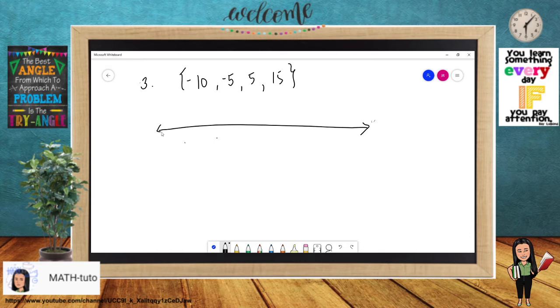So we have here negative 10. We can start with negative 10. And then negative 5, 0, 5, 10, and 15. We have negative 10, negative 5, 5, and 15.